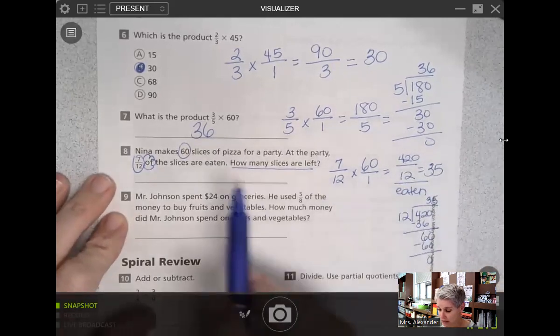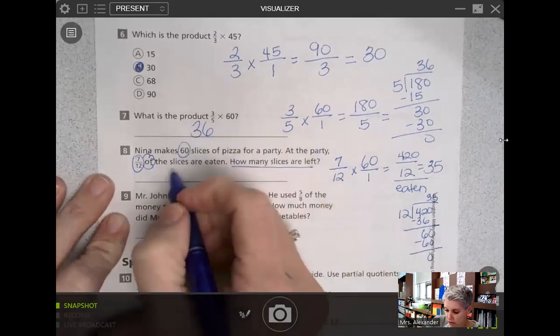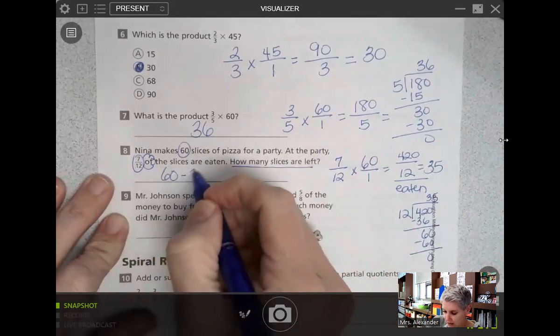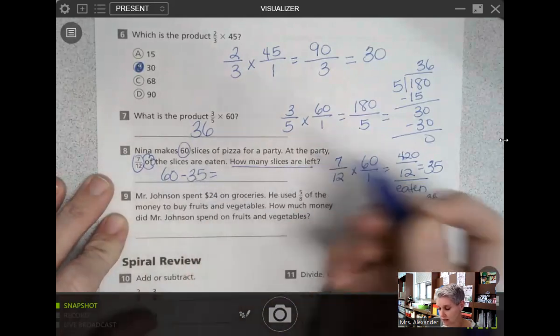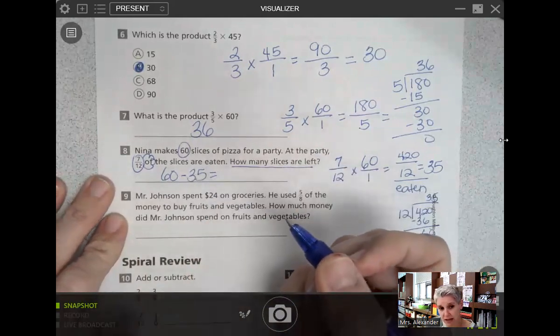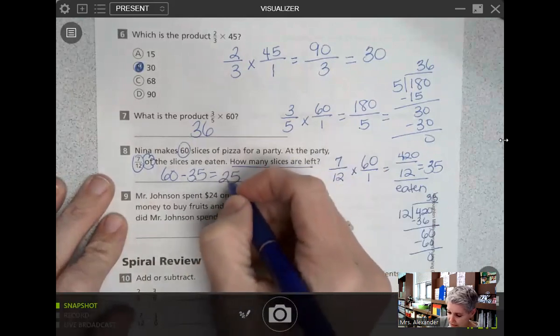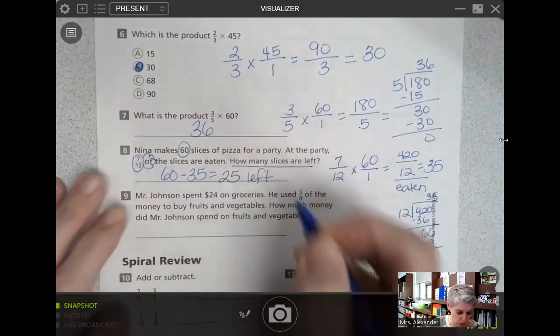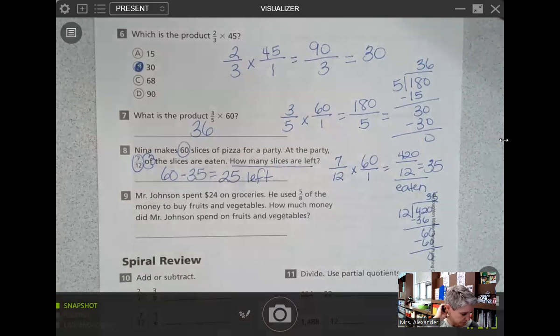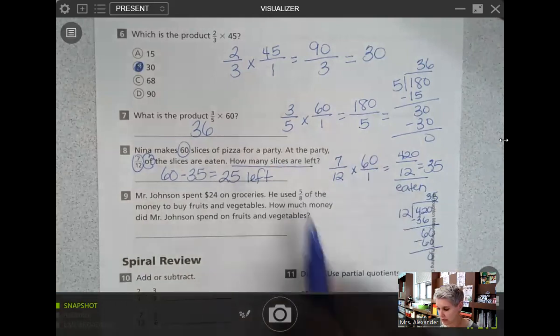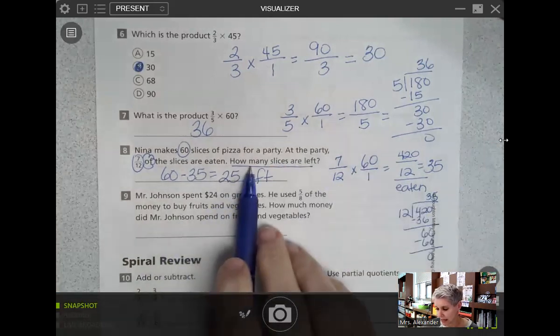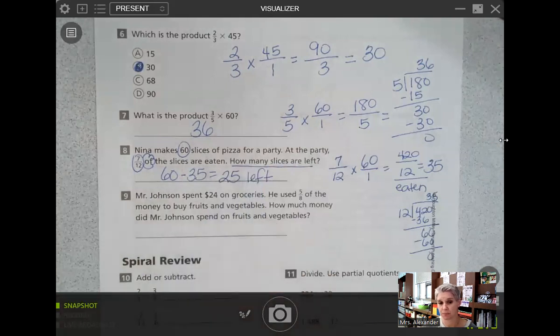That's not my answer. I need to know how many are left. So there were 60 slices. 35 were eaten. 60 minus 35. 25 left. 25 slices left. All right, so there's a little extra step in there to get the answer to this question.